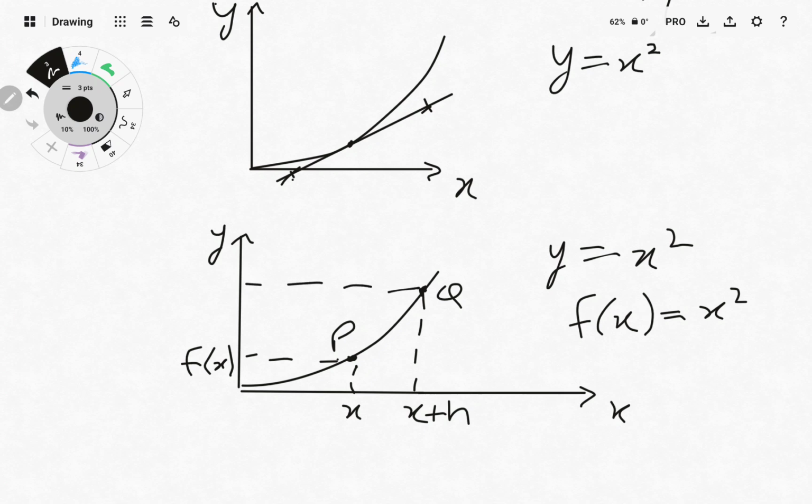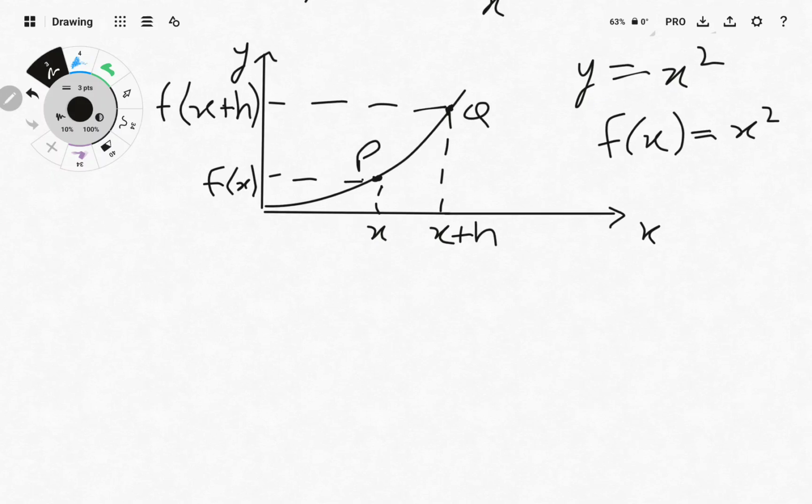Basically, h is a small, positive incremental difference that I add to x to come to the x coordinate of Q. As for the y coordinate of Q, simply because I have the curve as a function of x, I can simply replace the x with x plus h. So I just wrote this. Hopefully this is making sense up till now.